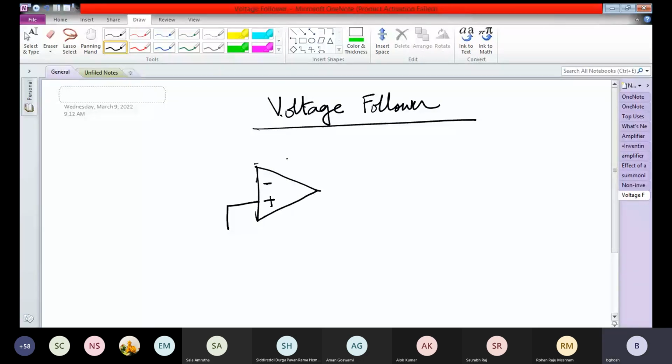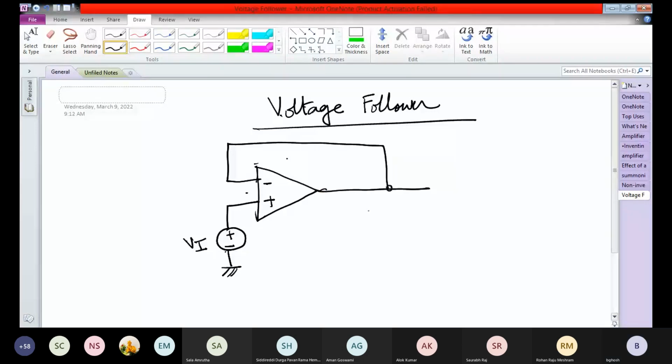We have a source voltage Vi connected here, and we simply short the inverting terminal with the output V0.